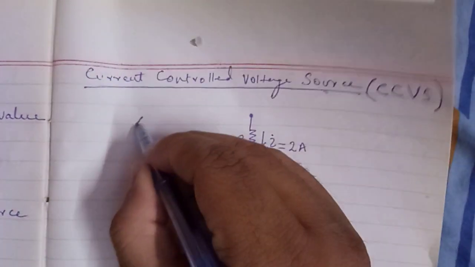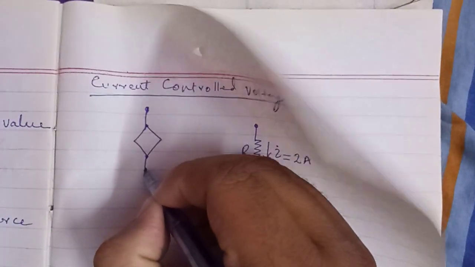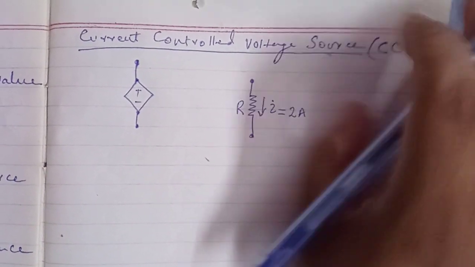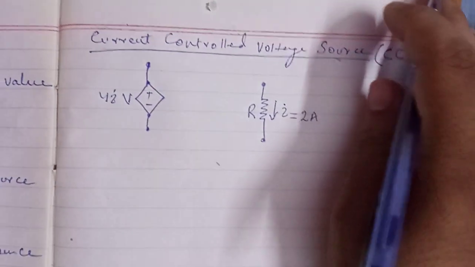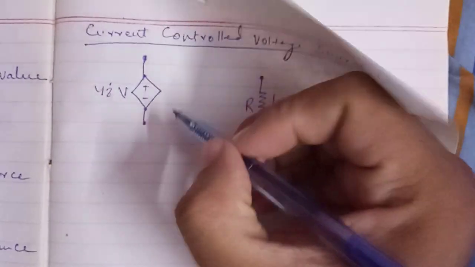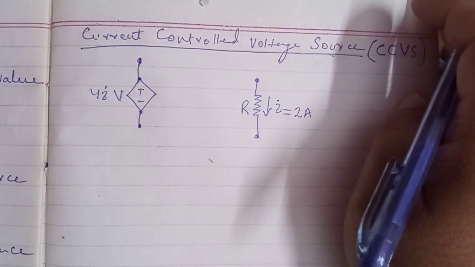Now I will draw the symbol of CCVS. Its value is, for example, 4I volt. 4I volt is the value of this CCVS, current controlled voltage source.